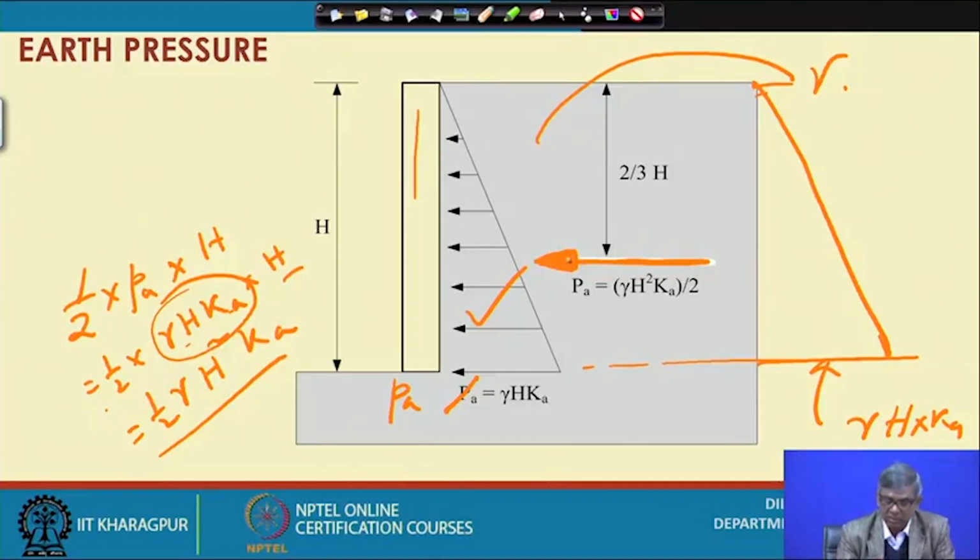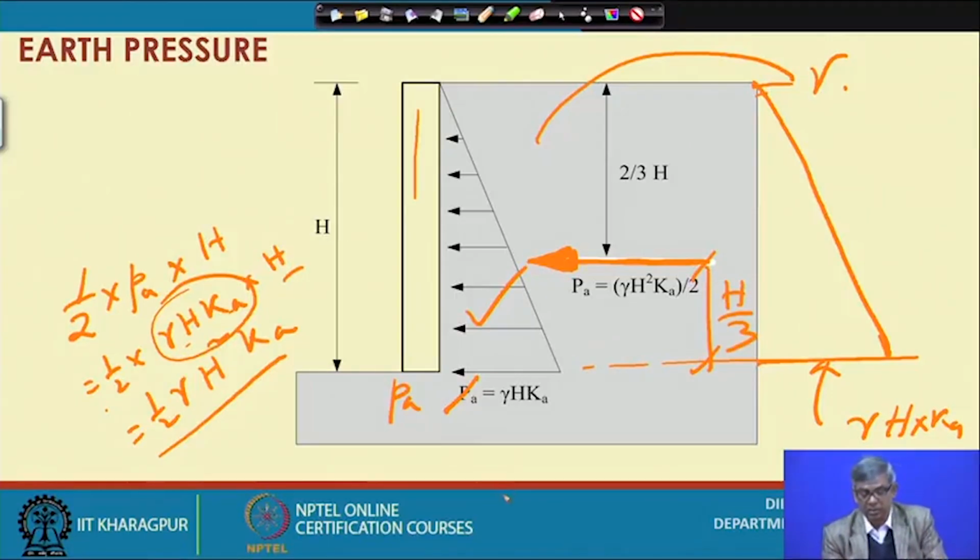So, we can find out the point of application. When there is a triangle, that force must be acting through the centroid of the triangle. So, the centroid of this triangle will be from the 2/3 height, or sorry, from 1/3 height. So, from the base, H by 3 distance it will be.